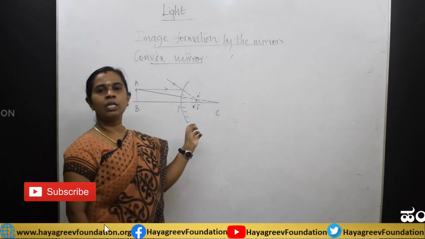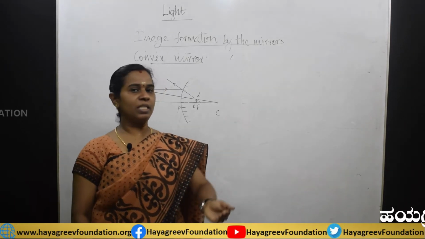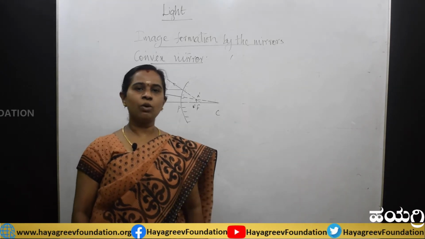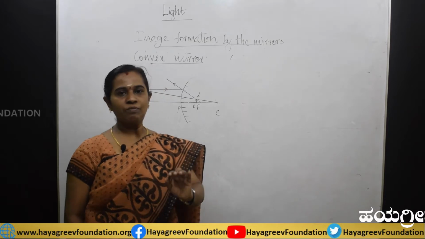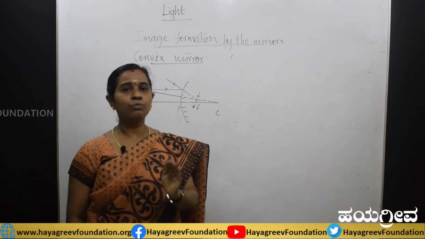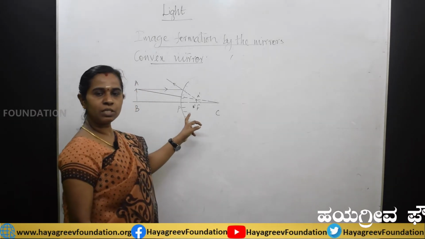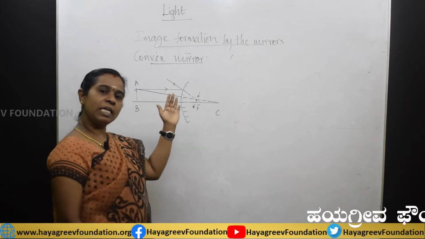We know that for a convex mirror, if the object is kept at infinity, the image formed is always virtual. The object is at infinity, and the virtual image is formed at the principal focus. Next, the object kept beyond P, anywhere.